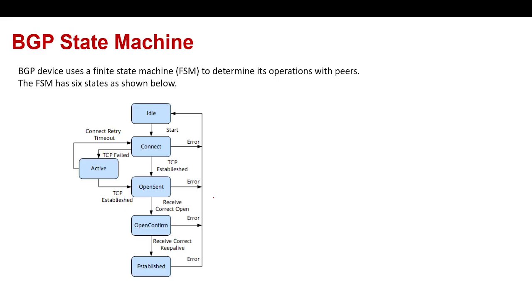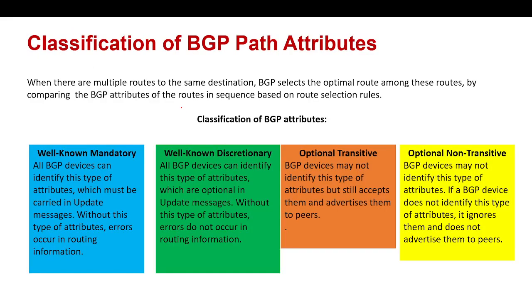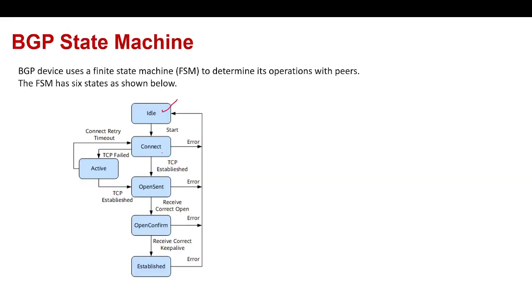We have idle, connect, active, open sent, open confirm, and finally established. These are the different steps that BGP will go through before they start exchanging the routing information. And they are all based on TCP port 179, which is the port used to exchange the BGP messages.